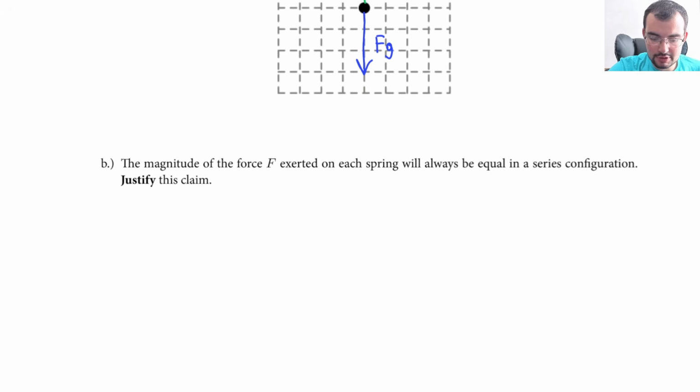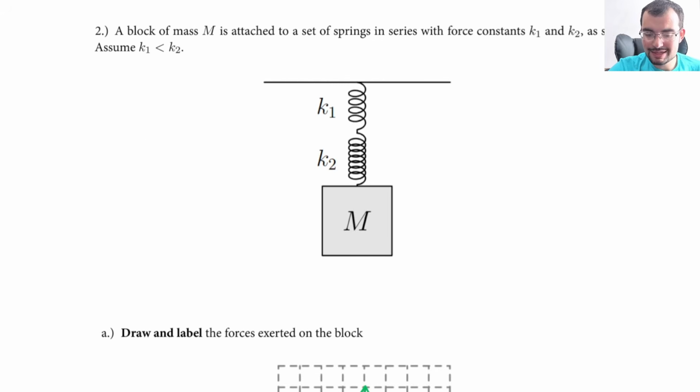The magnitude of the force F exerted on each spring will always be equal in series. Justify this claim. Why is that true? The common argument, which I like, I guess, would be to consider this little attachment point between the springs. We know that this system is in equilibrium.